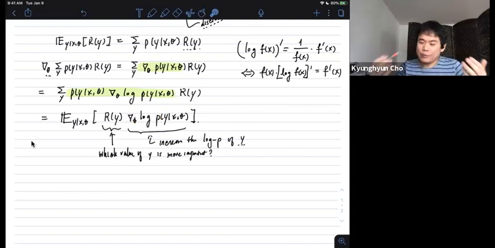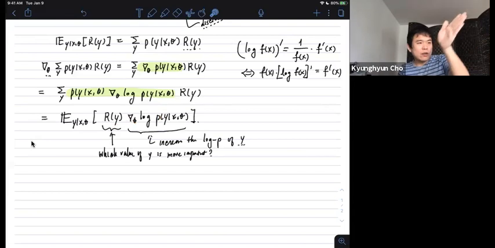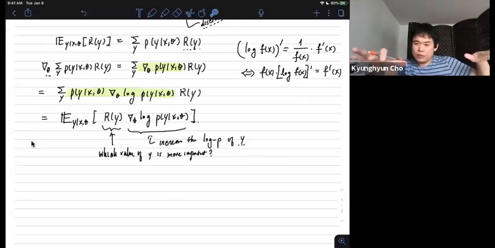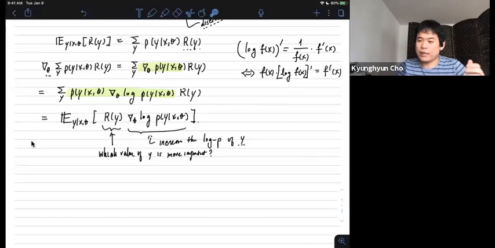And because our output is categorical, moving along that direction will increase the log probability of a y value that led to the highest reward, which automatically implies that all the other probabilities are going to go down. Why is that? Because the probabilities in the categorical distribution have to sum to 1. You cannot increase the probabilities of everything altogether. They have to sum to 1.